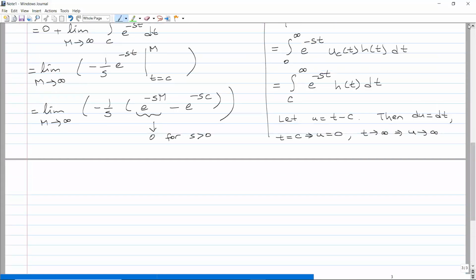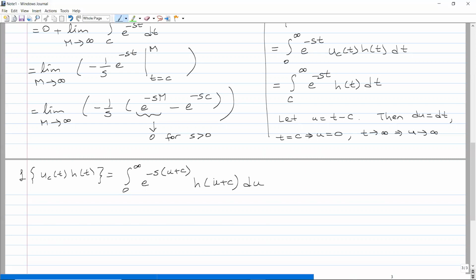So we can write this integral in u. We were doing the Laplace transform of u_c(t) times h(t). So from 0 to infinity, but now instead of t, we write u plus c. So inside h, we have u plus c, du.